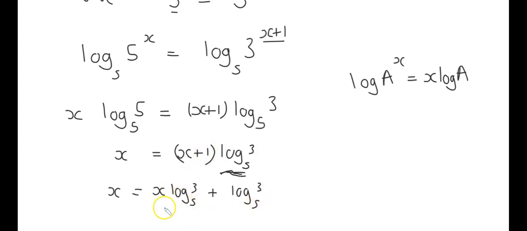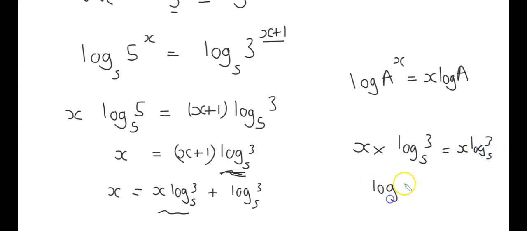Now one thing I want to mention here, why did I write it like this? So imagine we wanted to write x times log of 3, 5. Now best practice is to keep the x to the left of the log. So write it like this, as we have done, as opposed to writing it like this, log of 3x 5.